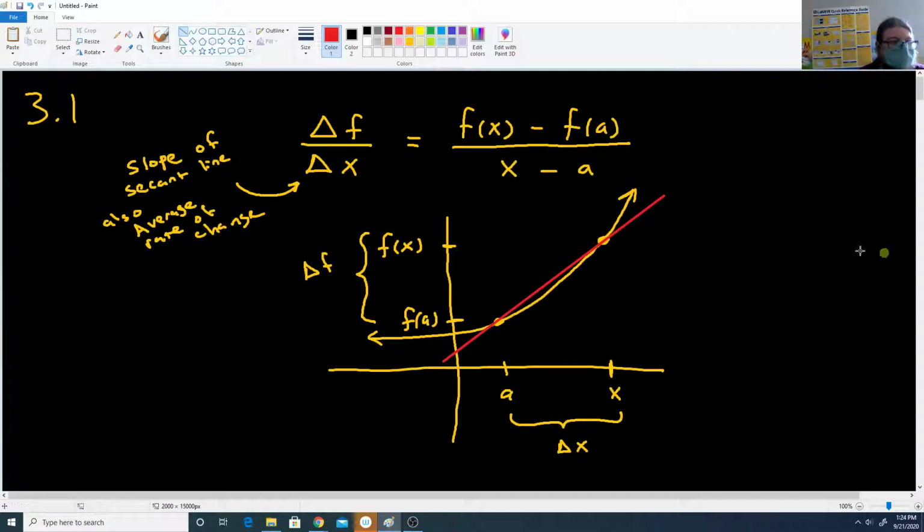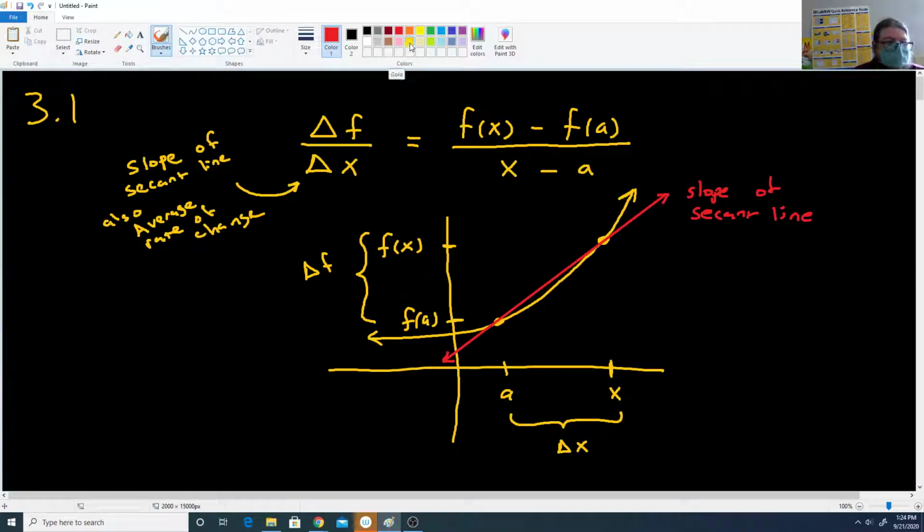And the slope of this secant line is this right here. So this average rate of change is the slope of the secant line. So we're remembering this equation from back in section 2.1.